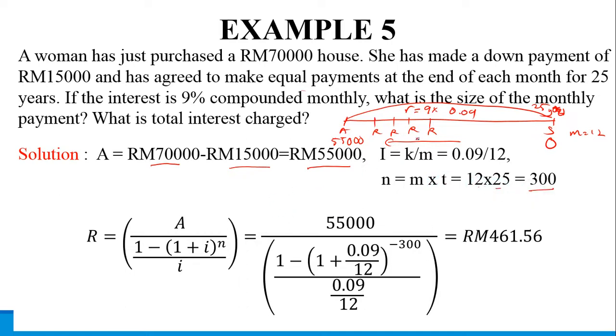So you know this formula is the A formula: A equals R multiplied by 1 minus (1 plus I) to the power of negative n, don't forget negative n, divided by I. You just move this to the left side, it becomes R equals A divided by that, and you will get 461.556 ringgit for every month she needs to pay.